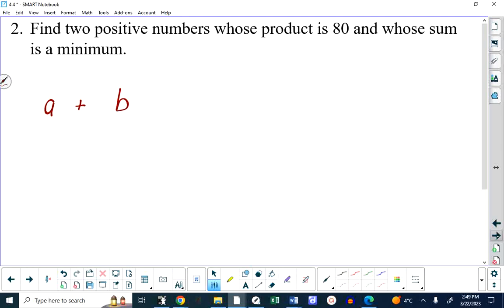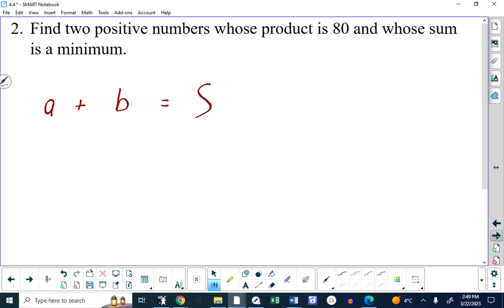Because the issue is, if you use, say, x and y as variables, sometimes your y variable ends up being on the horizontal axis, which is fine. You would have d something dy, but it just rubs you the wrong way a bit. So I'm going to say that those are the two numbers. A plus b is the sum.